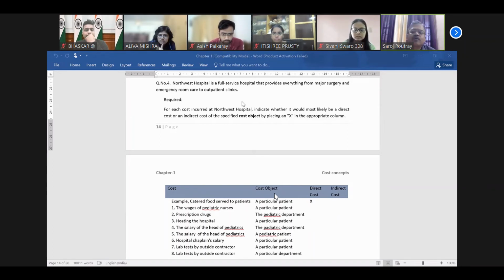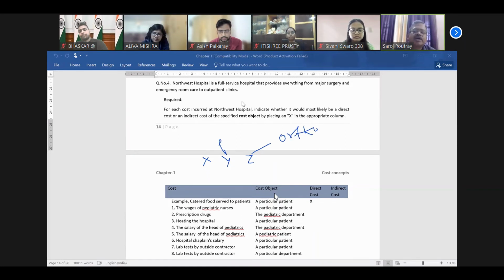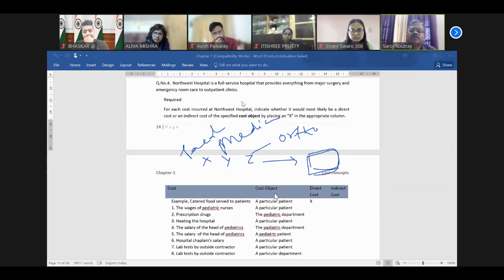Okay. So let me tell you, for example, there are 3 patients, X, Y, Z. This is ortho, this is, say, medicine, and this is pediatric. Drugs are prescribed. All 3 went to where drugs are sold, the medicine store.